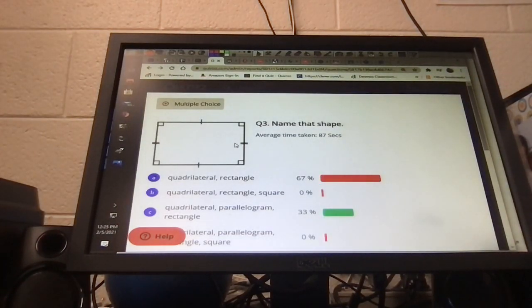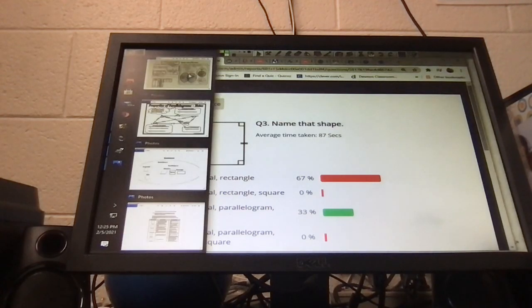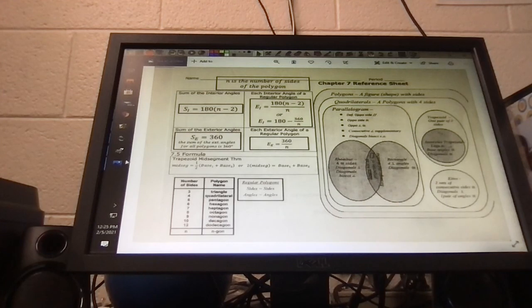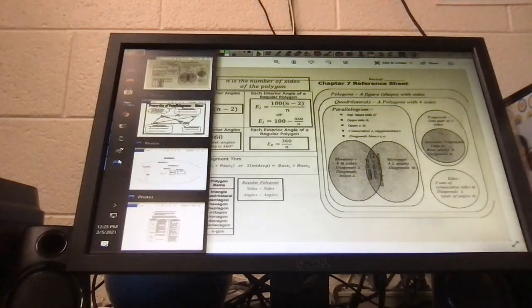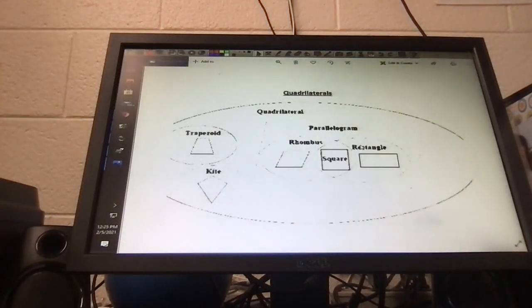Okay, this one. If you take a look at your worksheet, again, it would be on the back. So VIP people, you wouldn't have this on the back, but that diagram would be a rectangle. So again, the rectangle bubble, I know it has square in it, but a square is not a rectangle. Or sorry, a rectangle is not a square.